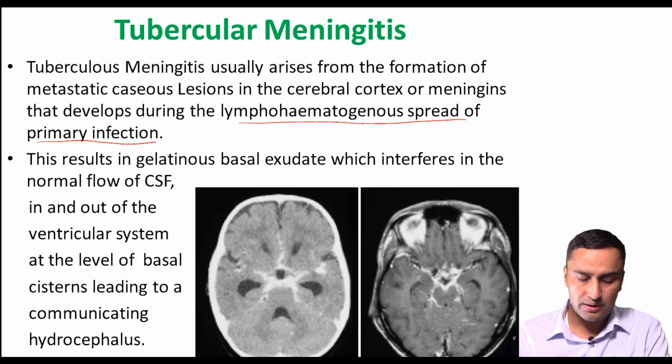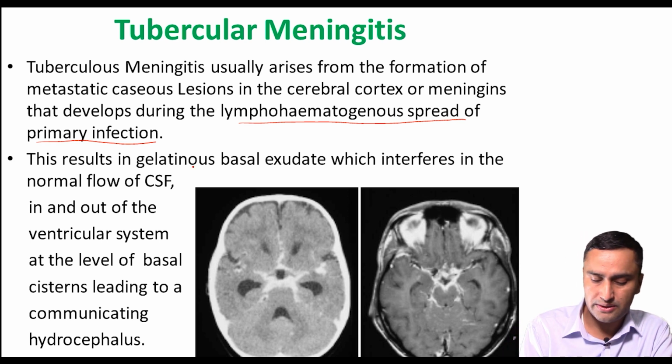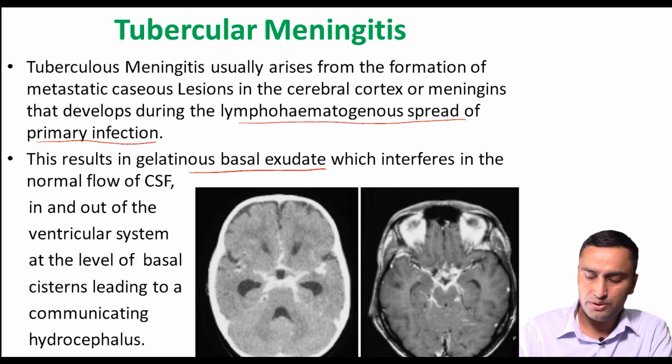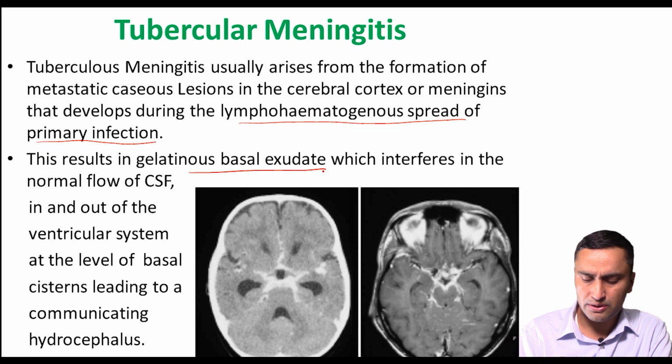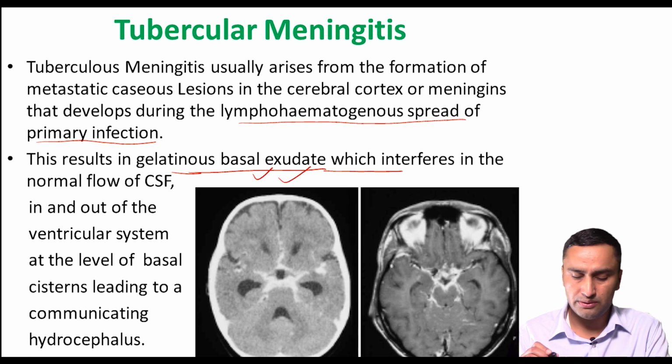This results in a gelatinous basal exudate, which interferes with the normal flow of CSF. Most of the time the question mentions this basal exudate. If you find the term basal exudate, you should suspect tubercular meningitis.